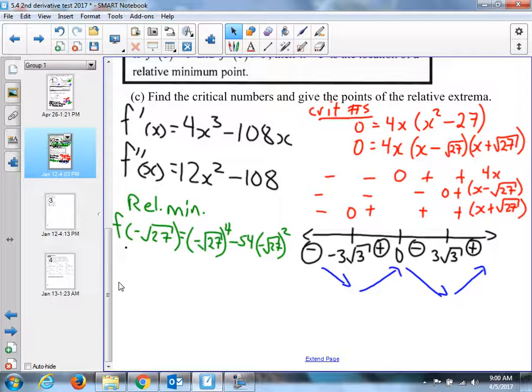81 times 9 is 810. Minus 81. What is it? Well, I'm going to use a calculator and I'll see. That's what I keep Big Mama around for. She's a beast. I got negative 7.9. Why am I doing this if you guys get negative 720?